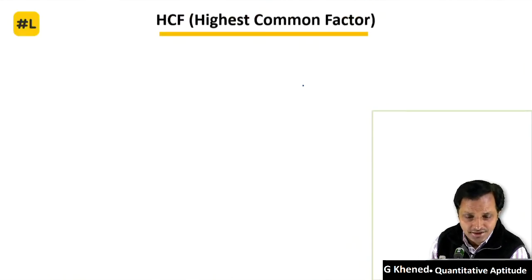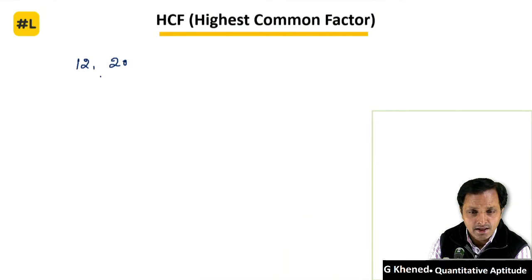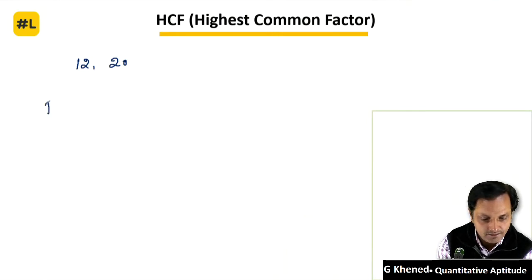Then the next concept is HCF, highest common factor. I would like to explain this concept with an example, highest common factor. Suppose if you take 12 and 20, you know that what are the factors of 12?